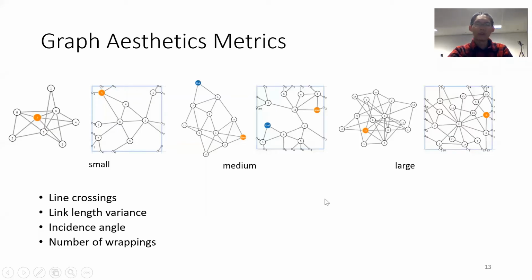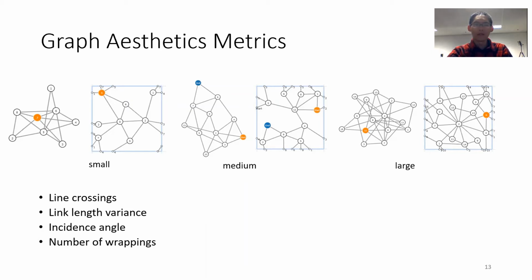To evaluate torus and non-torus graph aesthetics metrics, we generated a total of 72 torus and non-torus layouts grouped into small, medium, and large classes. The graph datasets were created using algorithms designed to simulate real-world social networks and biological networks, using algorithms from NetworkX.